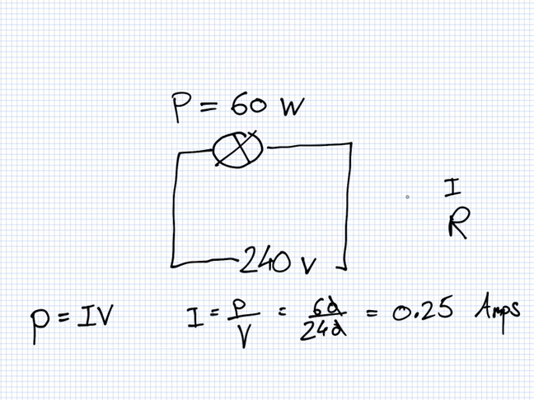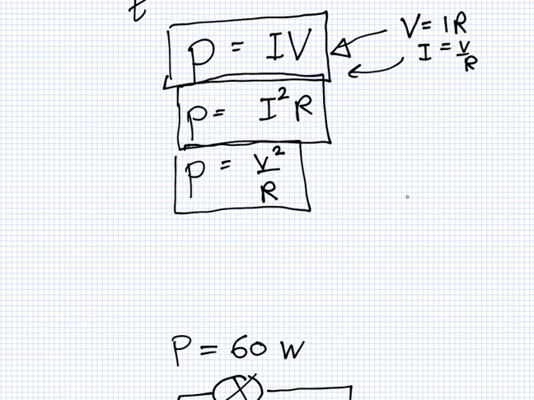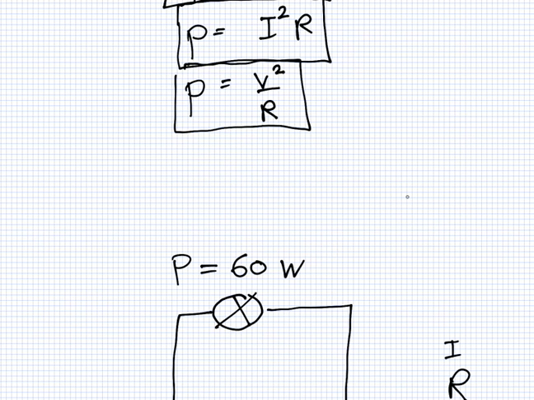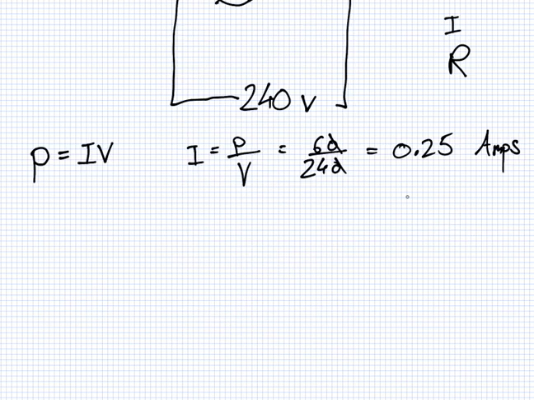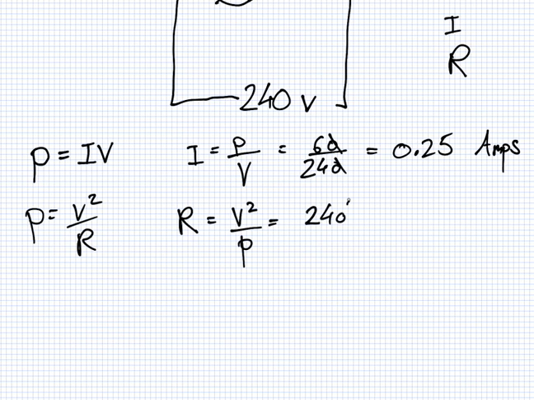But another way to do it is to use the last formula, P equals V squared over R. So R equals V squared over P. That's 240 squared over 60, which is what? 960 ohms.